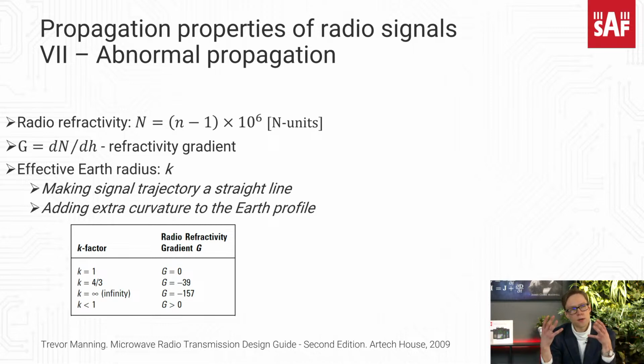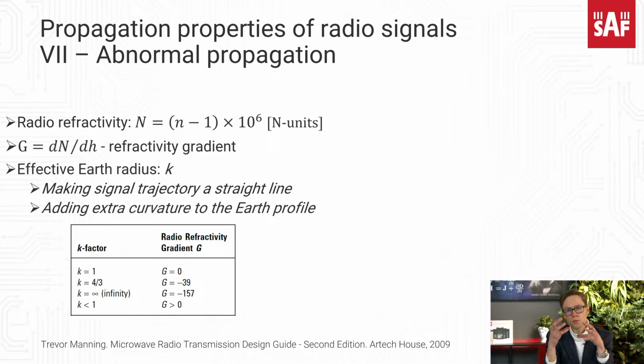It is very difficult to evaluate all these things when we're not dealing with a straight line. So the radio engineers made it a straight line artificially by implementing this k factor, the effective Earth radius.